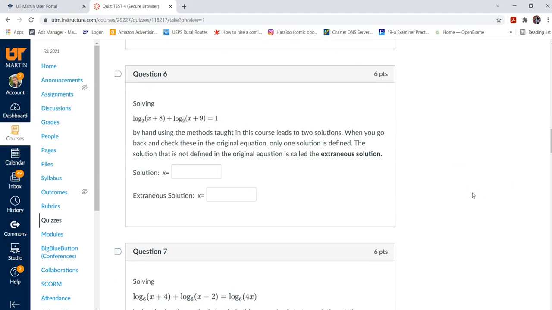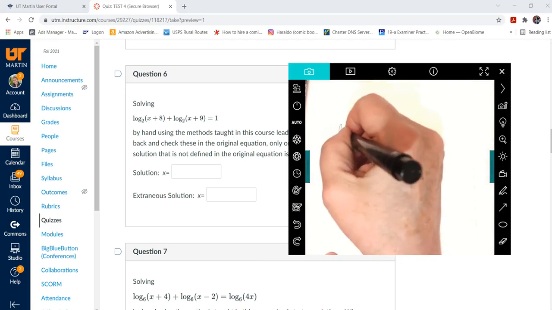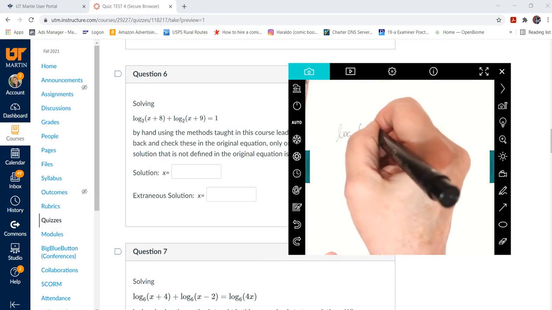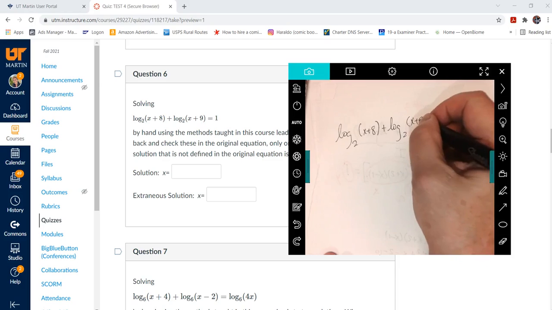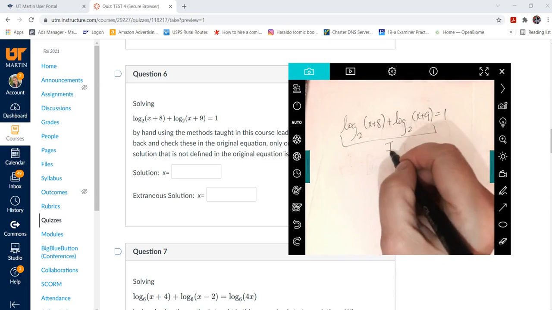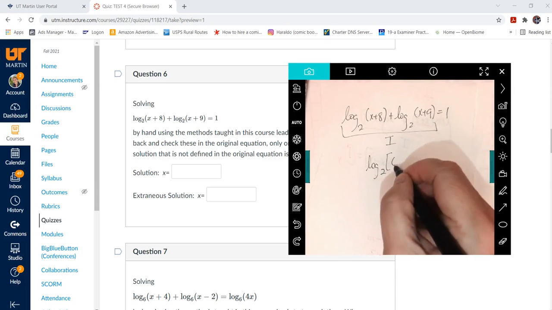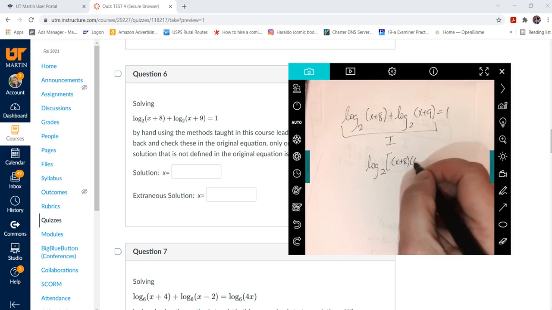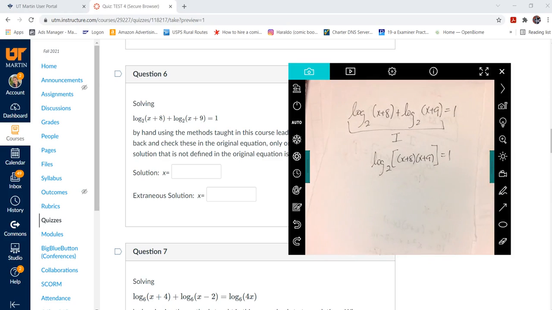All right, and so we've got another one like that. Okay, so again, all right, I can put these together using Rule 1. Then I'm going to do the conversion.